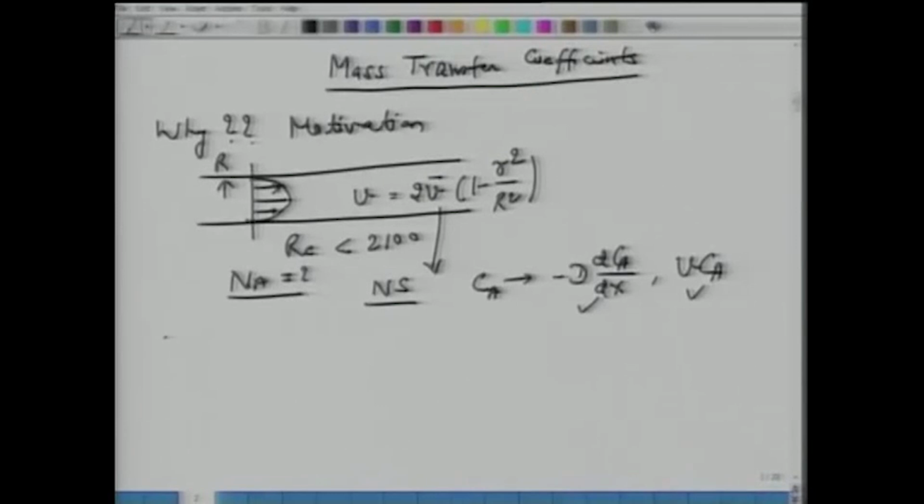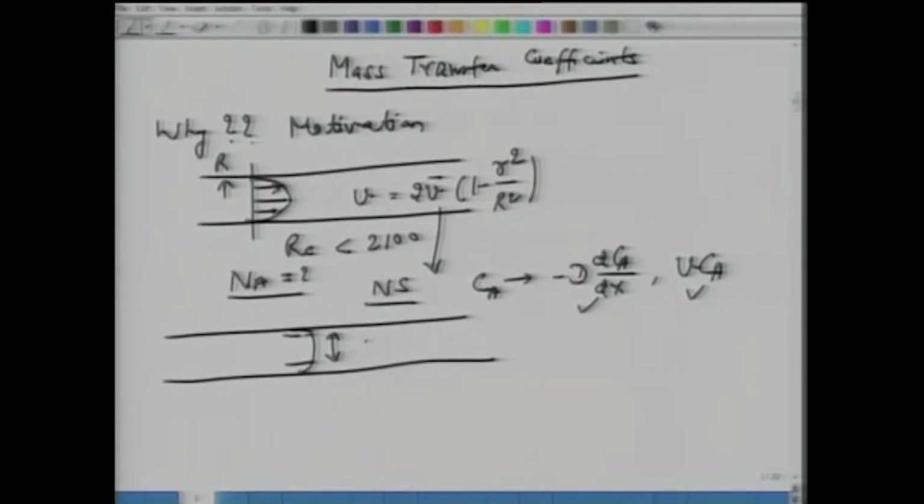So the problem is not here. This is a straightforward case where we have tubular flow and a well defined velocity profile. Things could be more complicated if the Reynolds number goes very high, say turbulent. If you have turbulent flow, then recall from your hydrodynamics that in a tubular flow the velocity profile becomes flattened. Here the velocity in the core is almost nearly constant at some velocity V or V bar, but near the wall we have a velocity gradient.